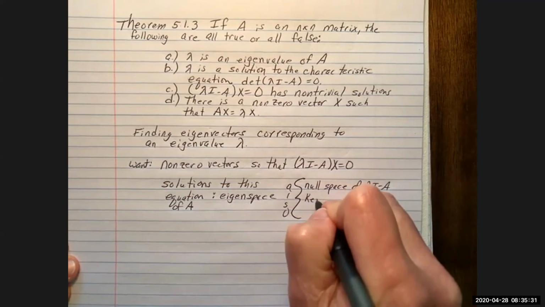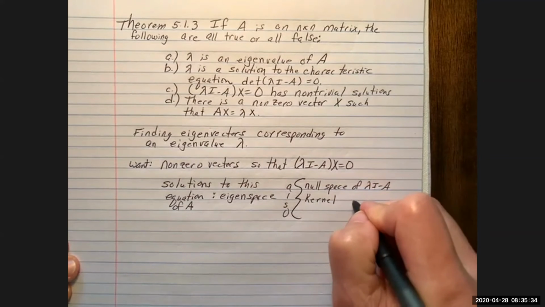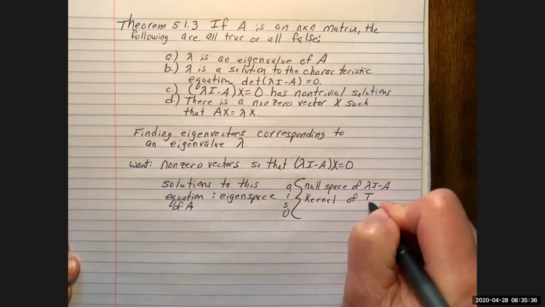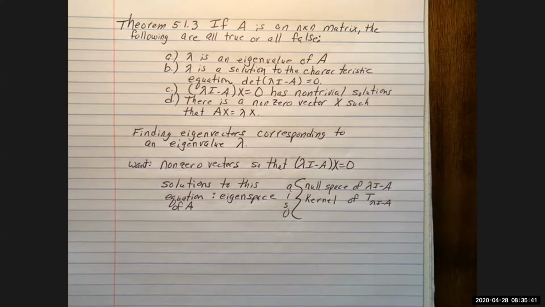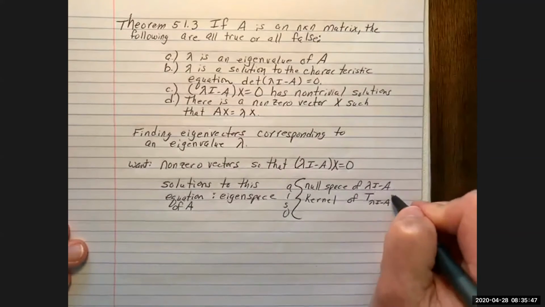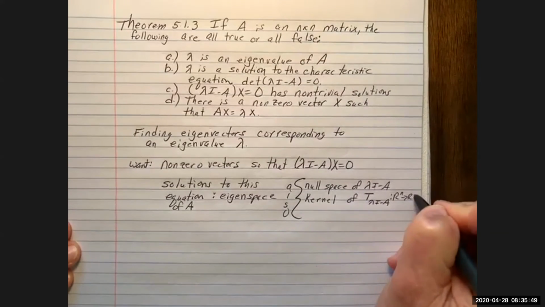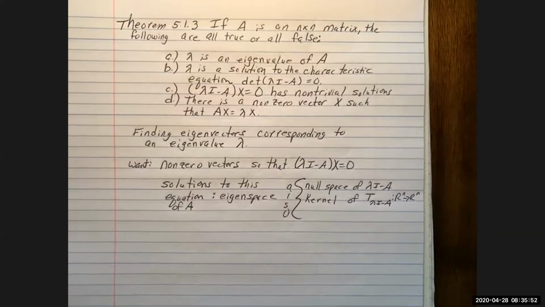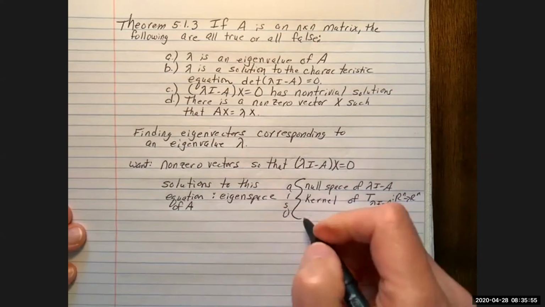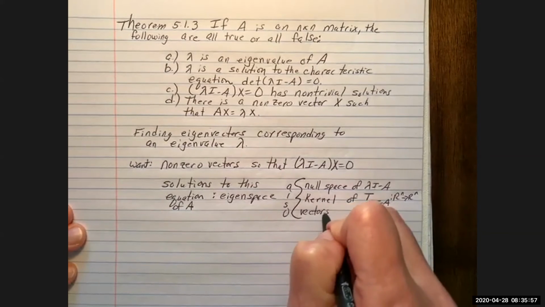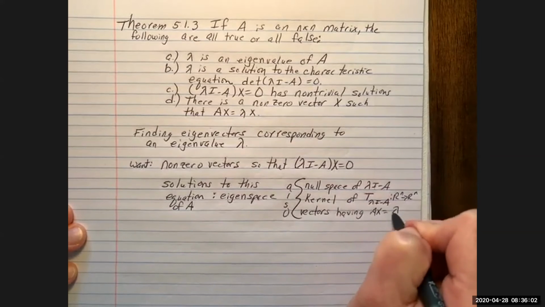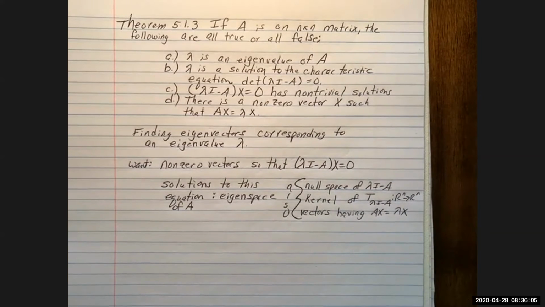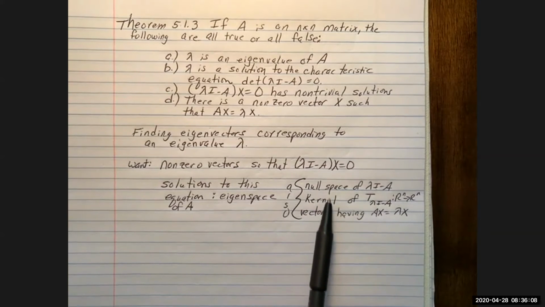It's the kernel of T, where your standard matrix is lambda I minus A. It goes from Rn to Rn. And you can also describe it by saying it's vectors having Ax equals lambda x. So all of those are the same thing. The eigenspace of A can be referred to as any of these three.